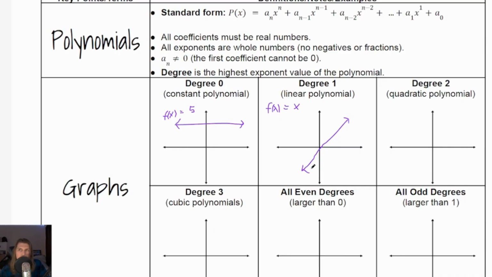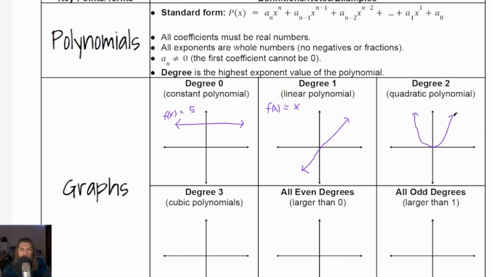Then degree 2. So if our polynomial has a degree of 2, that makes it a quadratic polynomial. We've dealt with these. This was all last unit. As we're bringing the mouse over, you're going to see that I'm going to try and draw the best parabola I can. It's going to look a little wobbly.